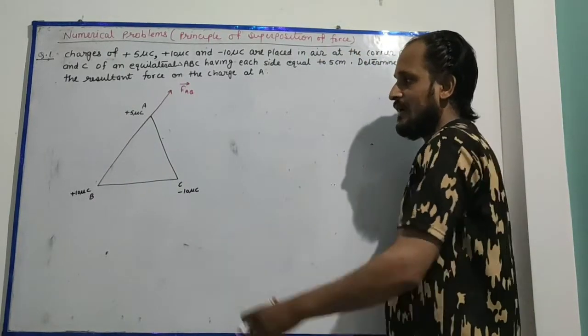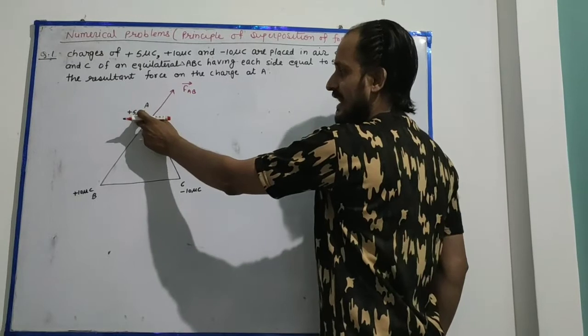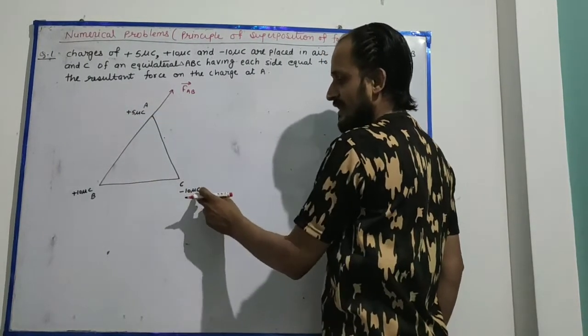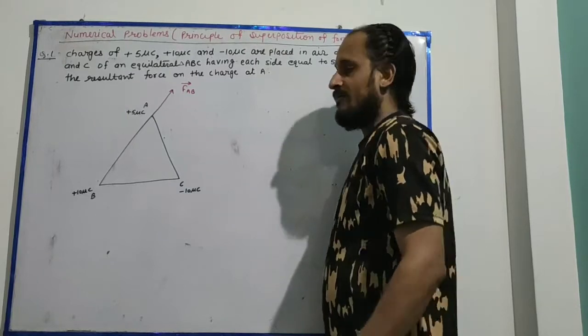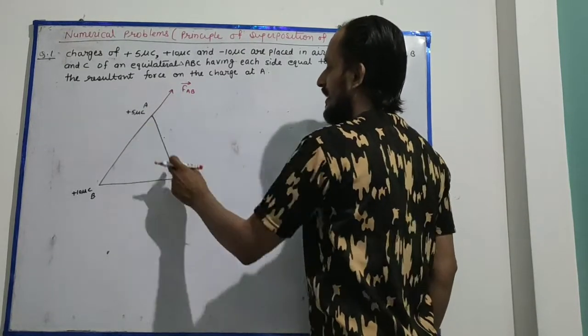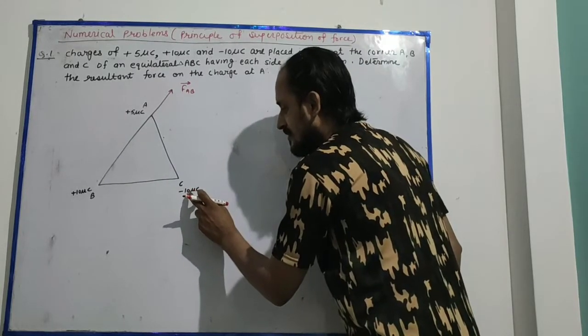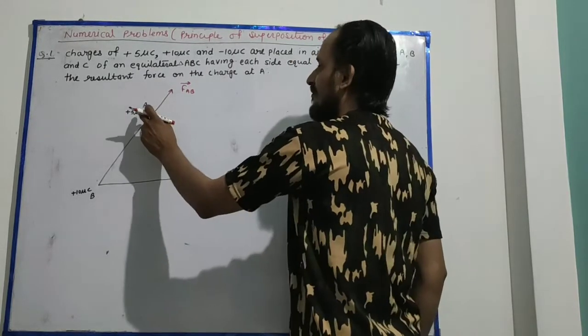Now we see the second pair: force on charge A due to charge C. One is positive, the other one is negative, so the force would be attractive in nature. So how will this charge minus 10 microcoulomb attract A?